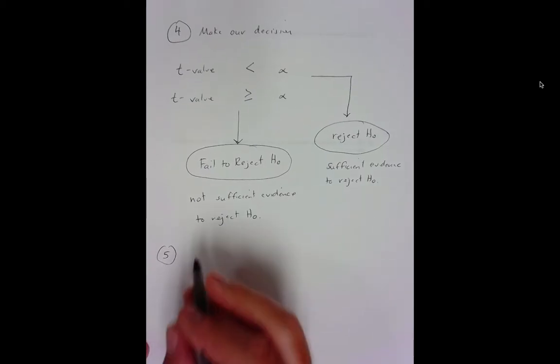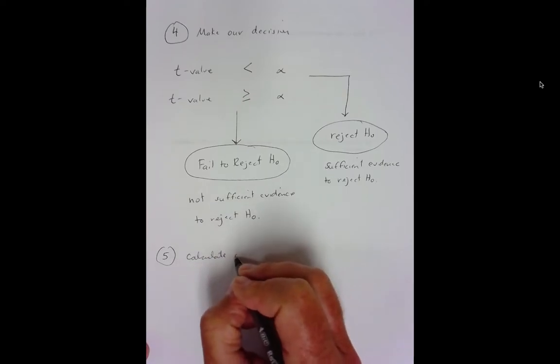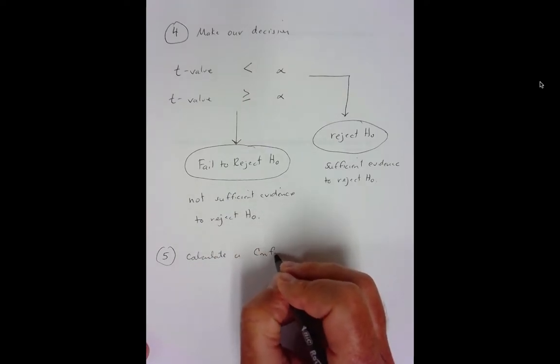But typically a 5th step is we calculate a confidence interval.